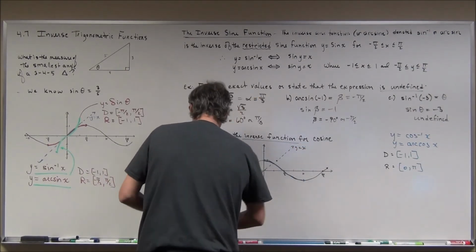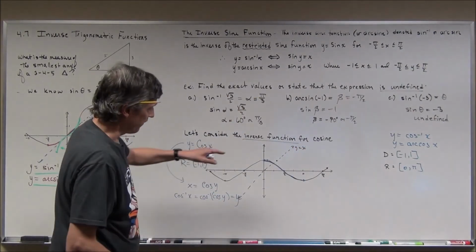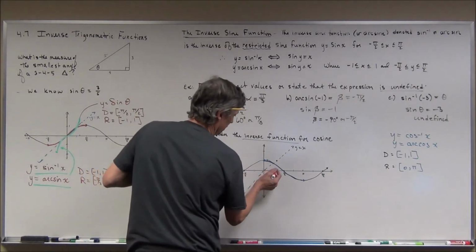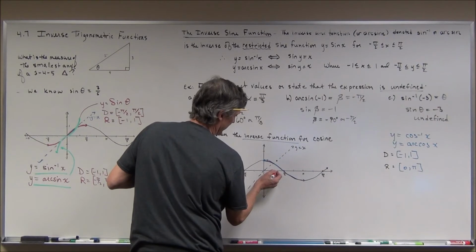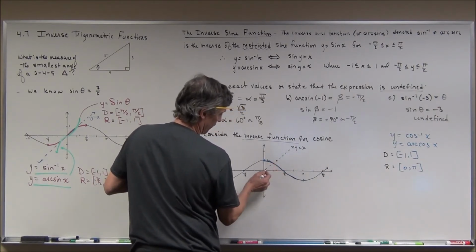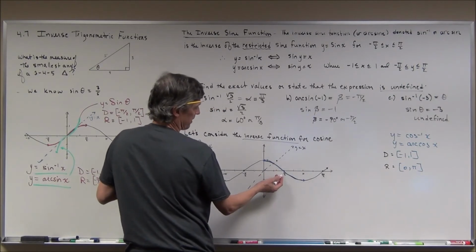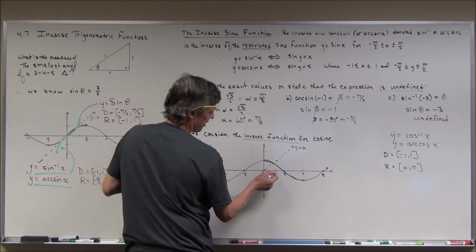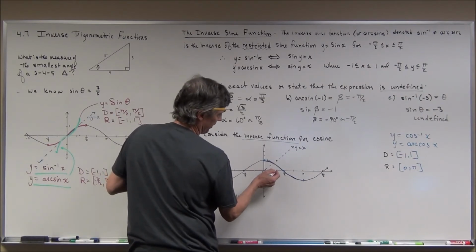Now, if I reflect this graph, and I'll use red this time, I'm going to get something that's going to look about like this. It's going to go through here, it's going to go through here, it's going to go through pi over 2, which is about 1.57.